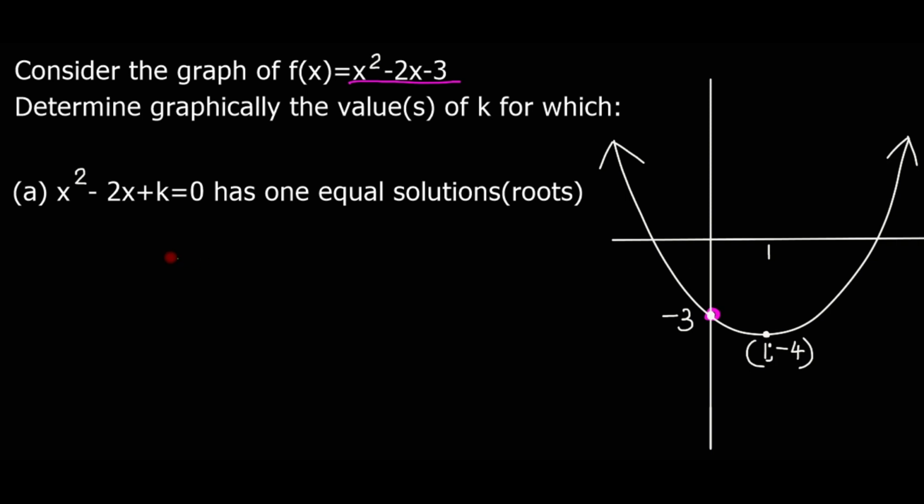So this question says x squared minus 2x plus k is equal to 0 has 1 equal solution. We know that when we talk about equal solutions, we want our graph to touch the x-axis at one point, meaning it should look something like this one based on the previous graphs. So if it goes in this way, it means it has 1 x-intercept.